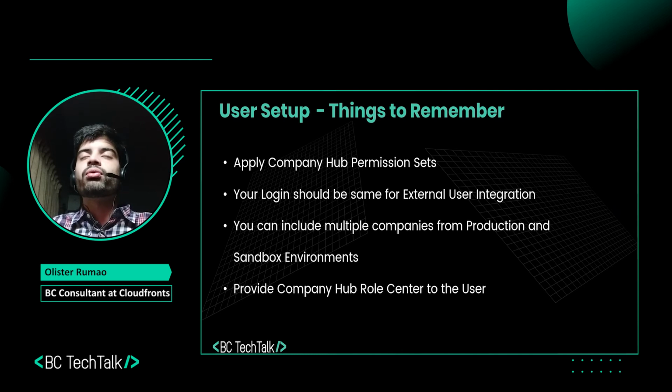The only difference is that with the same login credentials, I just change the URL, and on that basis I can log in into multiple tenants. So make sure to have that.